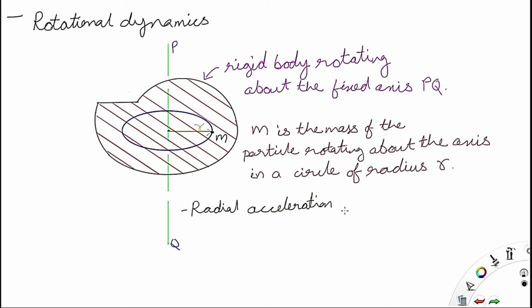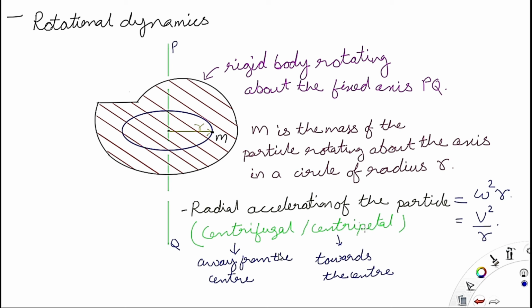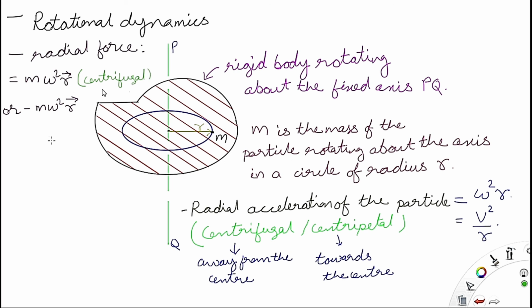Now the radial acceleration may be centripetal or centrifugal, which is equal to omega square r or v square by r. The centrifugal acceleration means away from the center, and centripetal means towards the center. That has been discussed in circular motion. And when the acceleration is given, you can find the force just by multiplying with m.